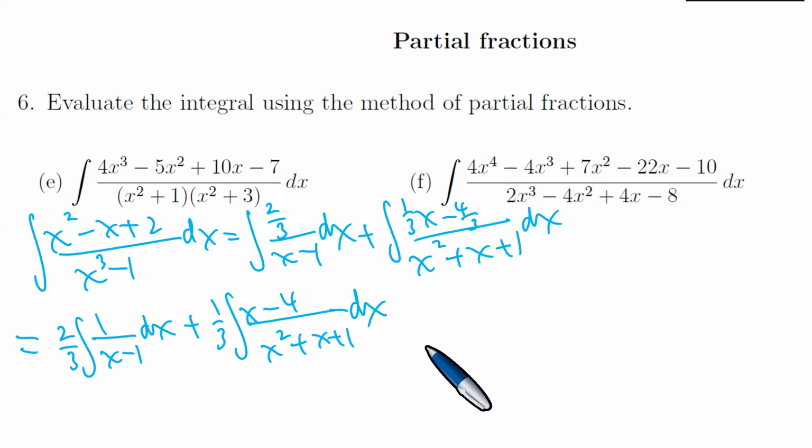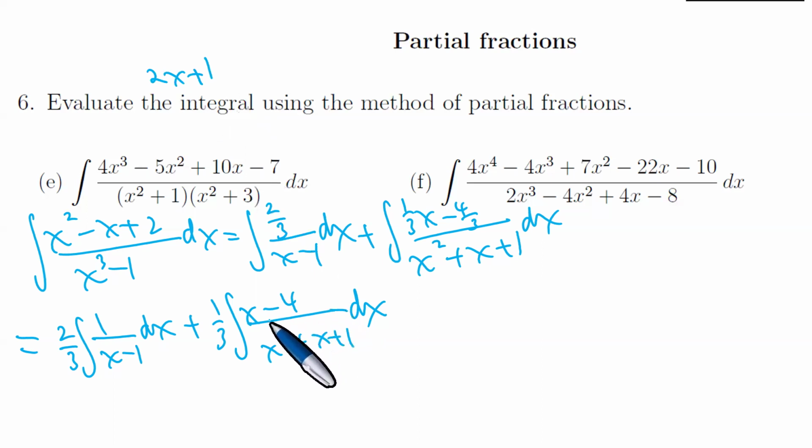So we continue, and at this point we obtain the following. The derivative of the denominator, x squared plus x, would just be 2x plus 1.